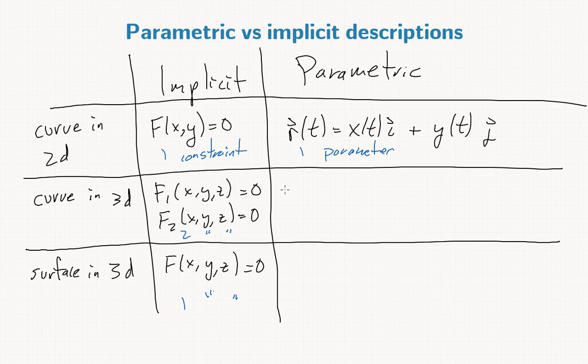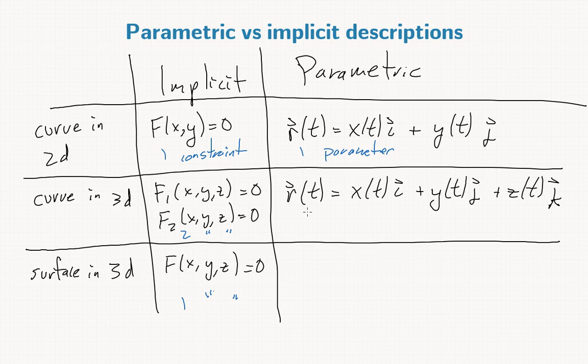A curve in 3D space, we can again parameterize just with one parameter t. Just now we have a third output, z(t) k. So this is one parameter. But for a parametric surface, we need two parameters, so two dimensions.